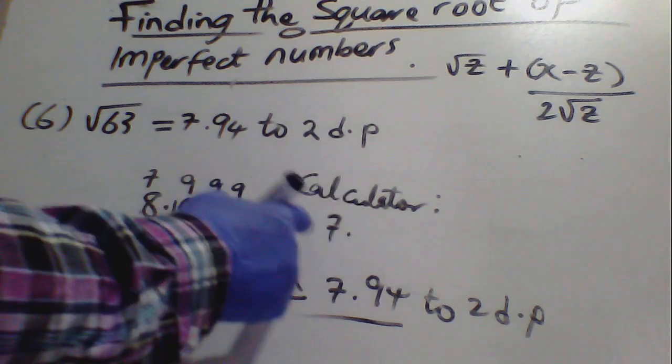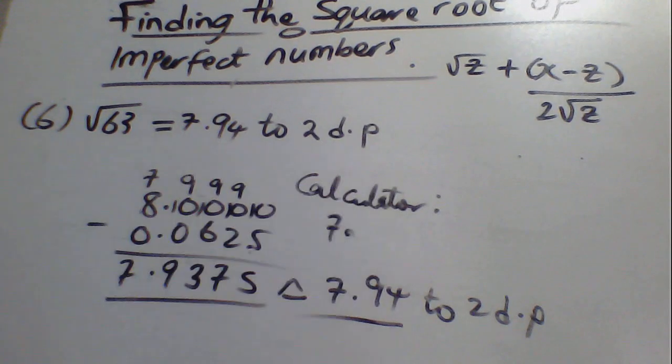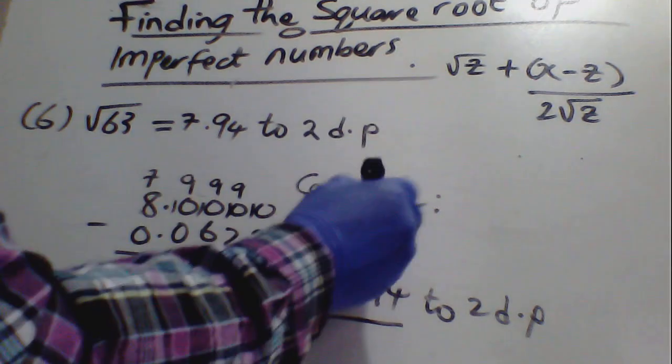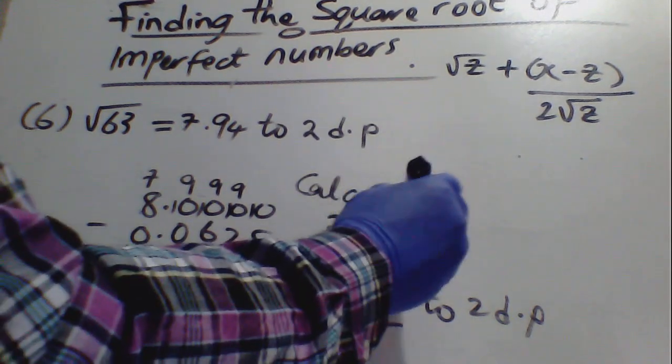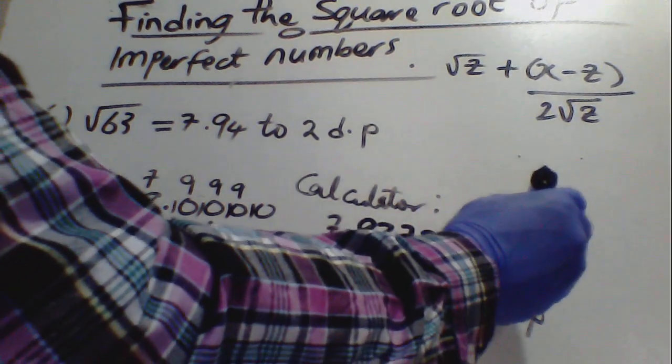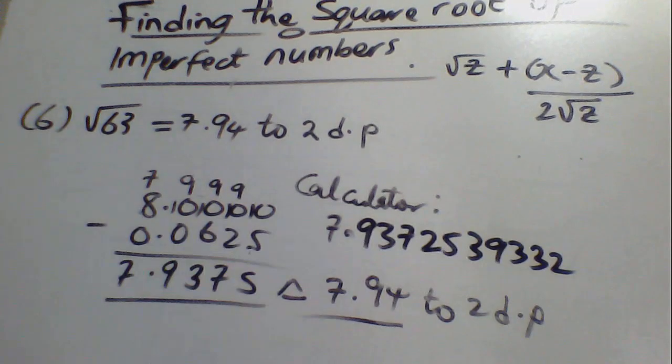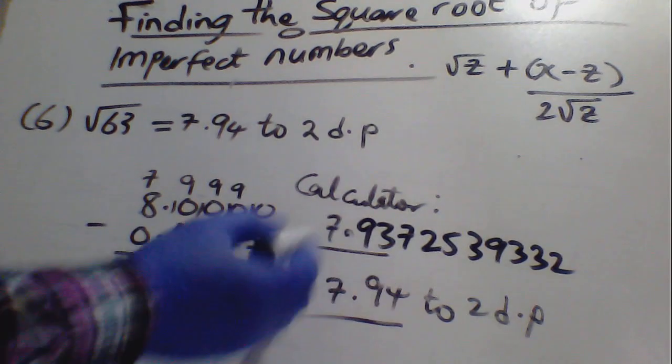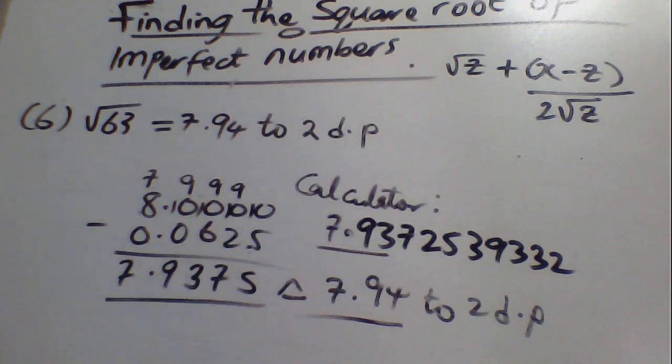With a calculator, the answer will give you 7.9372539332. So when you take it to 2 decimal places, it will be 7.94.